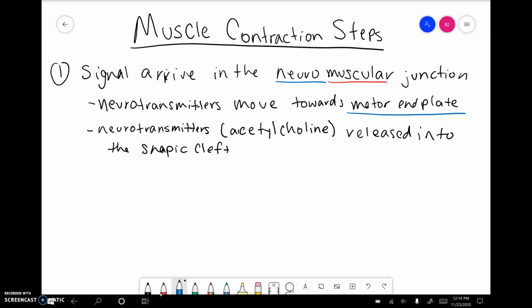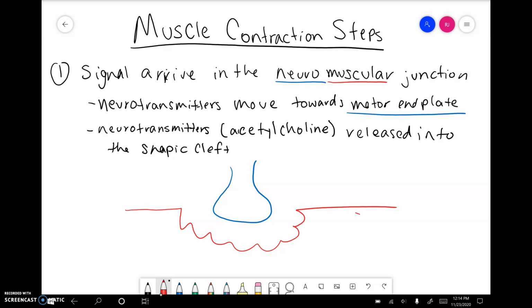So let's draw a little picture here. Let's make this our nerve. I'll keep it consistent with the blue and red here. And this is going to be our sarcolemma. So right here, this is our sarcolemma. And this is our motor end plate. Okay, so what's happening here is that we're going to see little vesicles inside our motor end plate that are going to be carrying our neurotransmitters.